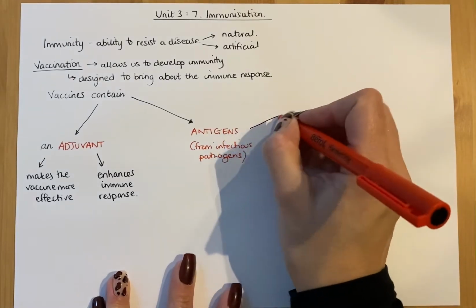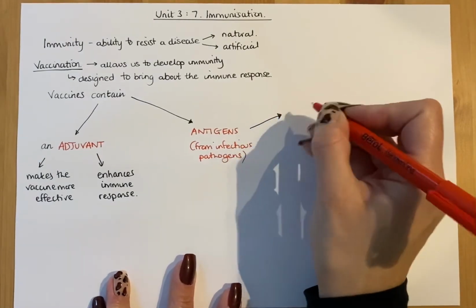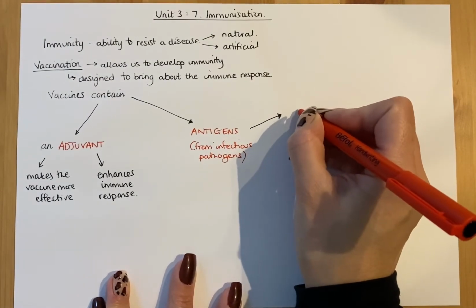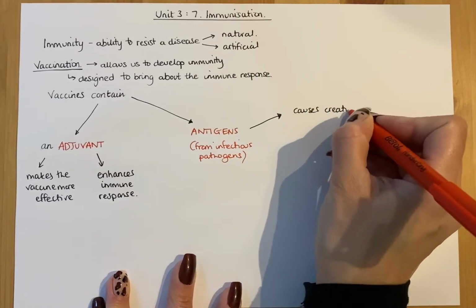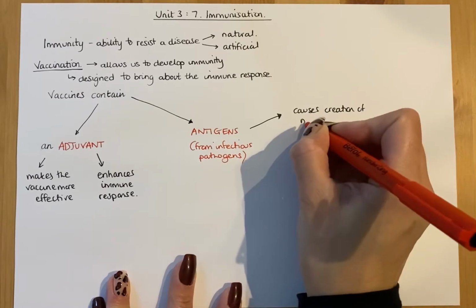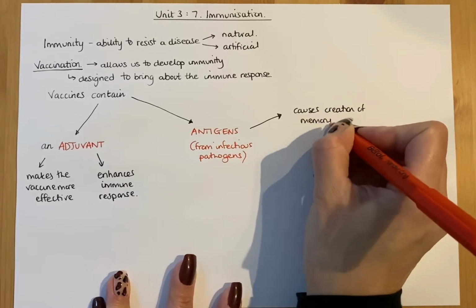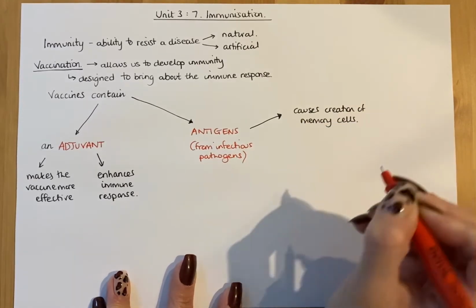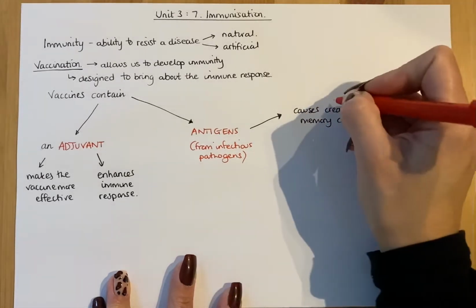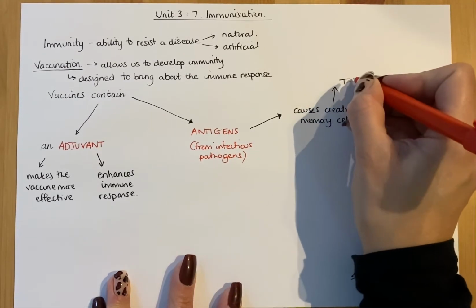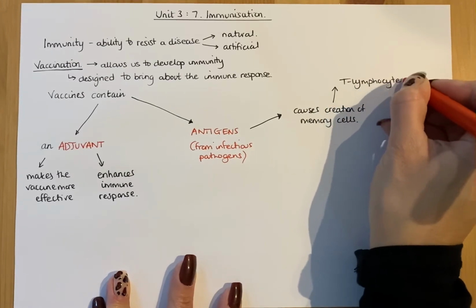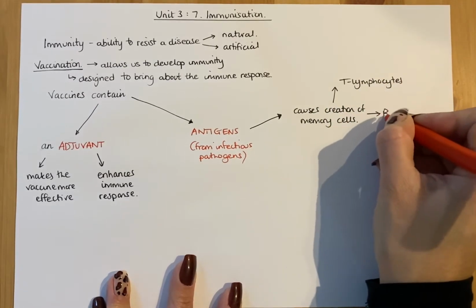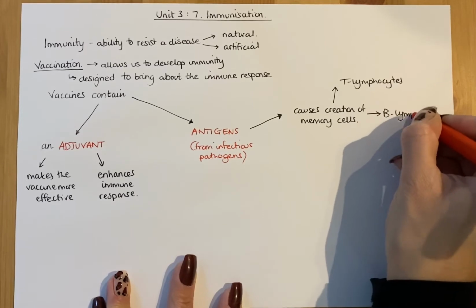Now these antigens in that vaccine cause the creation of memory cells. Those memory cells will be T lymphocytes, and they'll also be B lymphocytes, which will therefore produce what we should hopefully know would be antibodies.